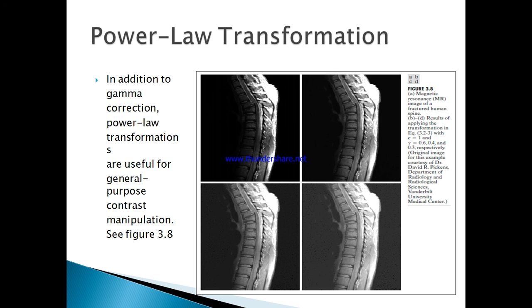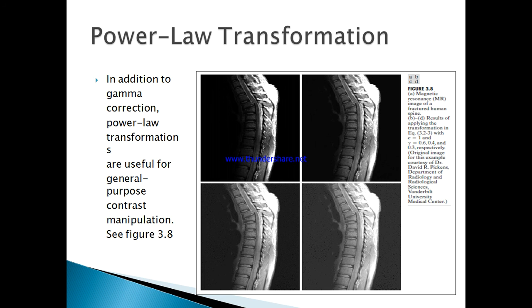You can clearly note the difference between the first image, the input image, and the second image after applying the transformation function. In the third image we change the gamma value and C value. Gamma is set as 0.6, 0.4 and 0.3 respectively, and C value is set as 1, and then it is processed and the final output is obtained.